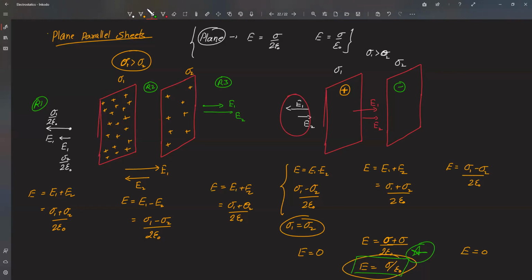If the charge densities are different, then it is sigma 1 plus sigma 2 divided by 2 epsilon naught, or sigma 1 minus sigma 2 divided by 2 epsilon naught, depending on whether the charges are opposite or like charges. Okay, so that is about parallel plane sheets of charges.